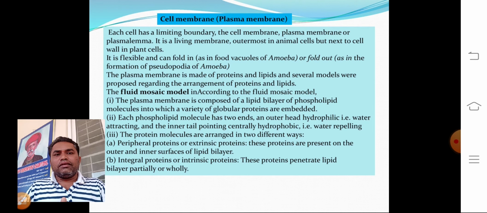The inner tail, pointing towards the center, is hydrophobic, meaning water repelling. So a lipid layer has two ends, outer and inner. The outer one is hydrophilic and the inner one is hydrophobic, meaning water attracting and water repelling.